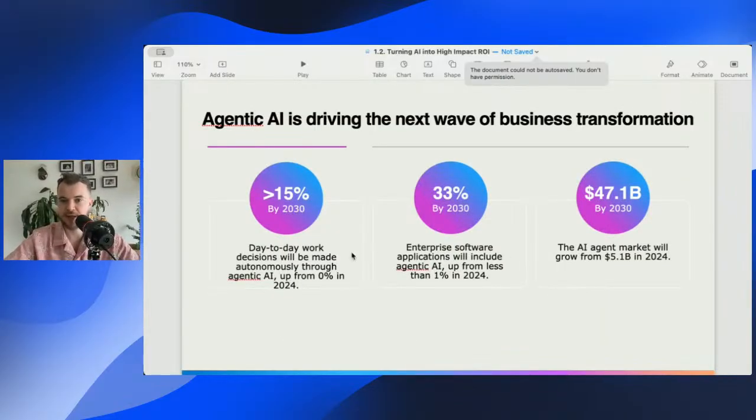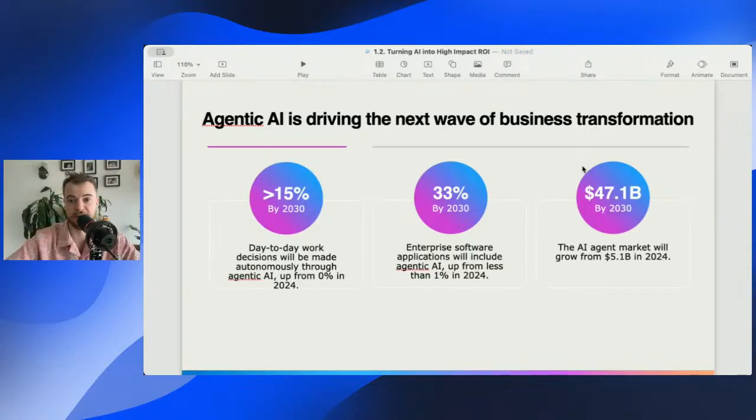And across the board, according to Microsoft, the AI agent market will grow to 47 billion from 5.1 billion in 2024. You might have saw that OpenAI recently acquired a company, actually yesterday, called Tomorrow, that helps organizations implement AI agents in their workflows.